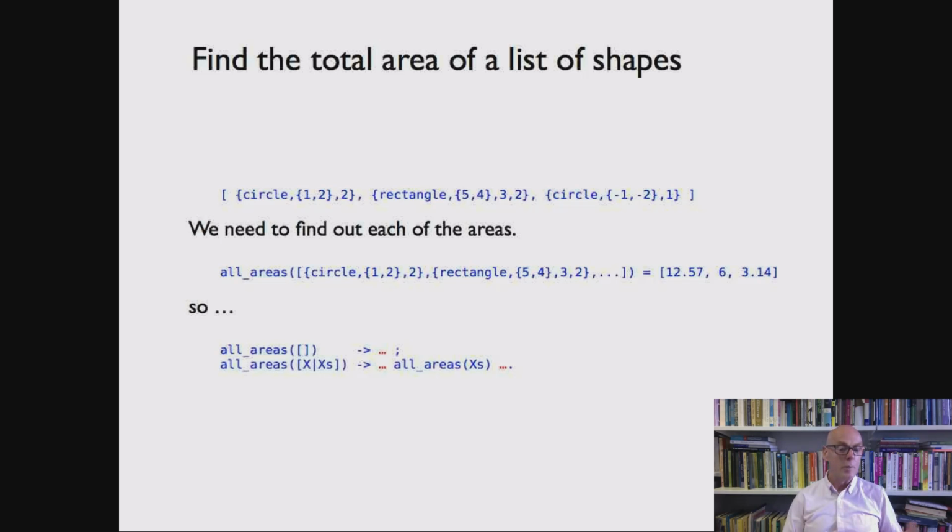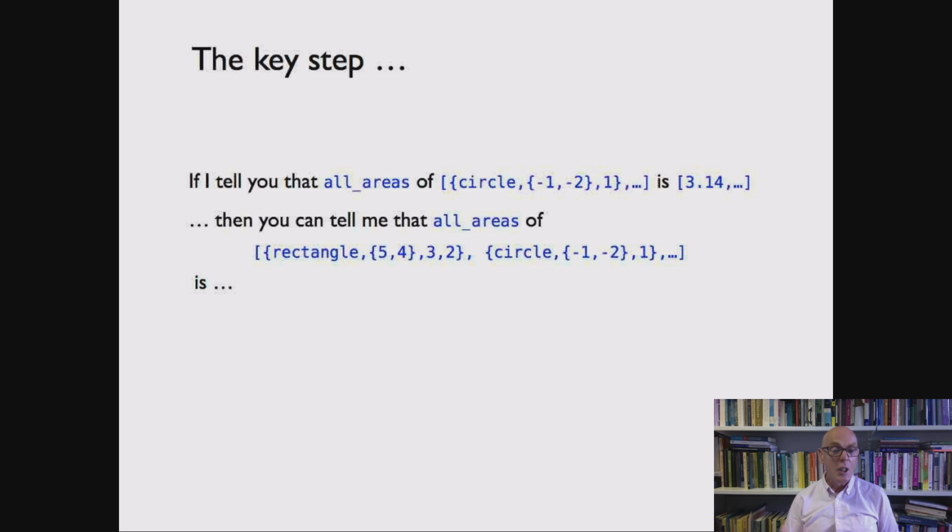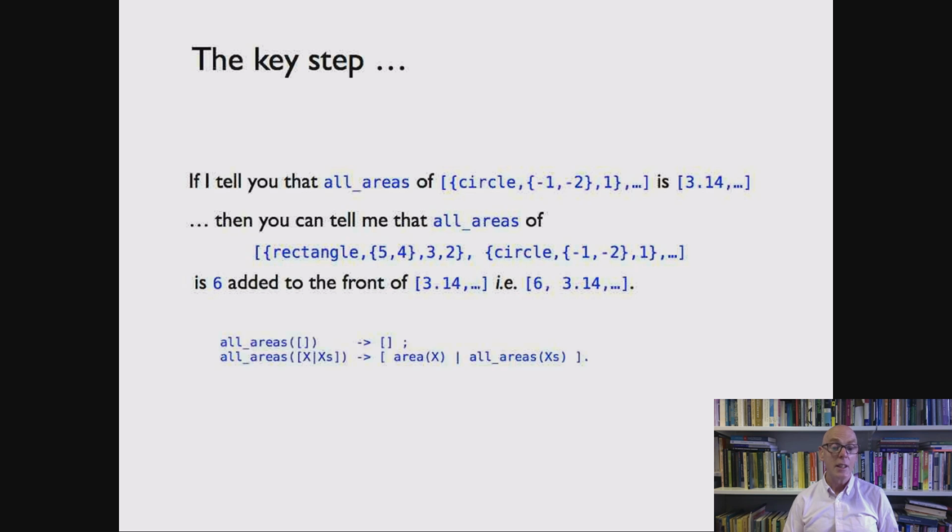So what can we say? Well, we've got a list which has no shapes in it. What's the list of areas of that? It's the empty list. What about the other case? The key step in defining the recursive step is if I tell you that all areas of a particular list is 3.14, etc., and we stick another shape on the front, then all areas of that new list has got to be the area of the first thing added to the front of the existing list.